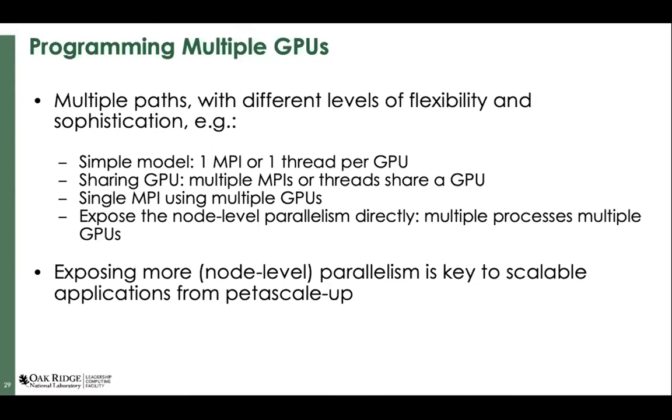The next mode, a little more sophisticated, is multiple MPI ranks sharing a single GPU. Or you could have a single MPI rank using multiple GPUs. This is one of the modes which I've seen more commonly used. They try to use the fine-grained parallelism within the GPUs to get as much performance as possible.